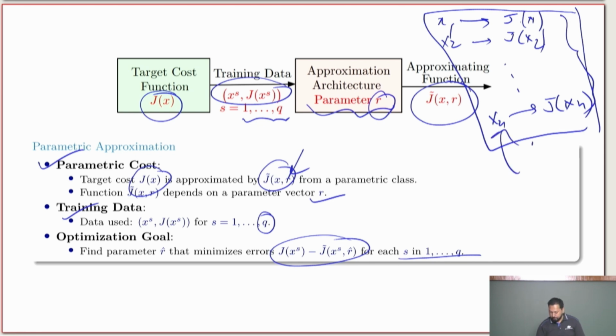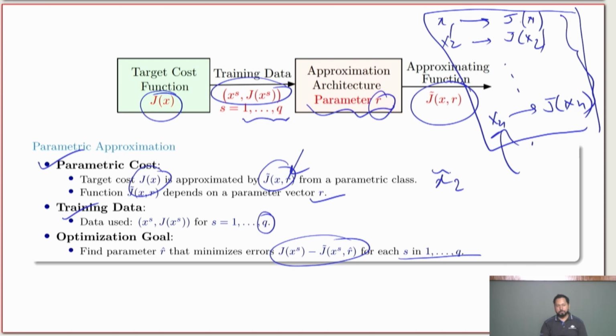so there could be some intermediate state here, let us say x2 tilde, which was not really seen in this training data, but it is, let us say, close to one of the existing states.